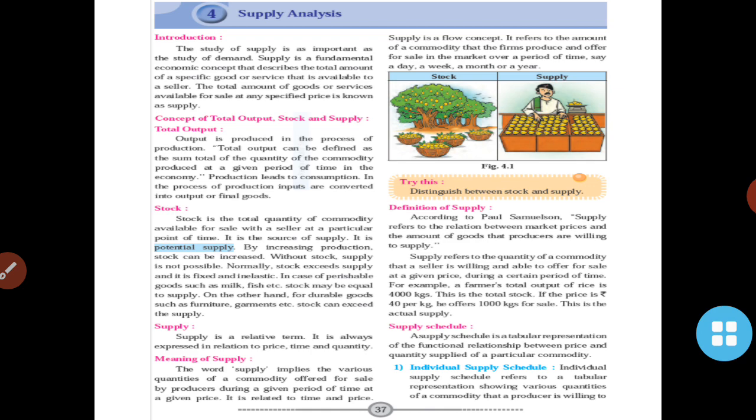In the case of perishable goods such as milk, fish, etc., stock may equal supply. On the other hand, for durable goods such as furniture, garments, etc., stock can exceed the supply.